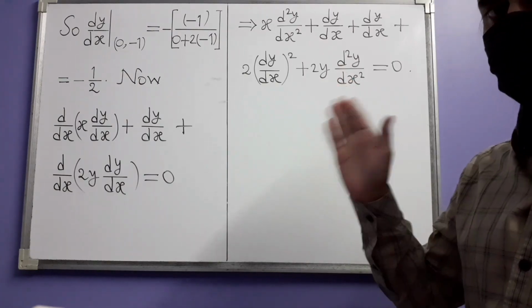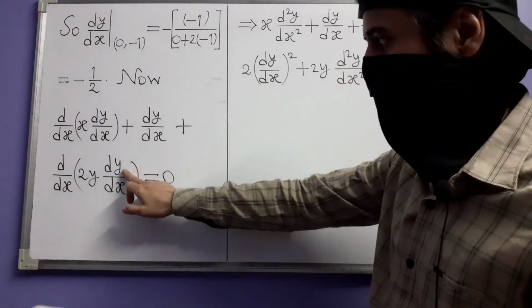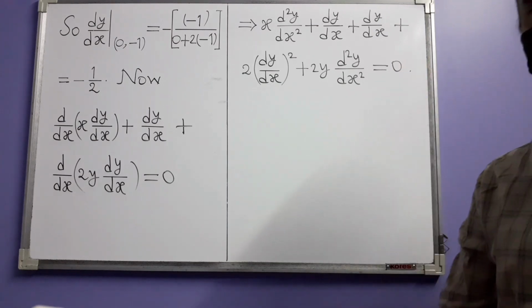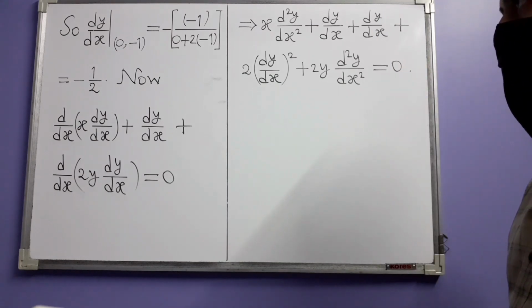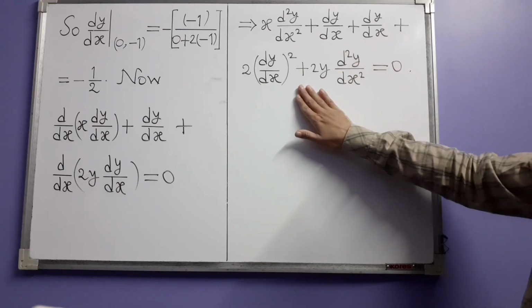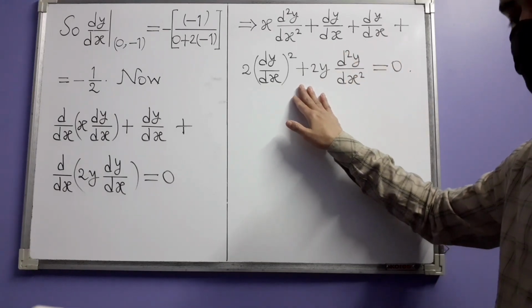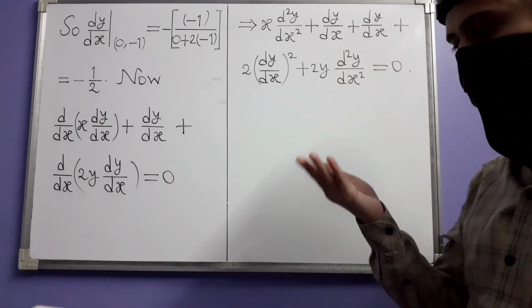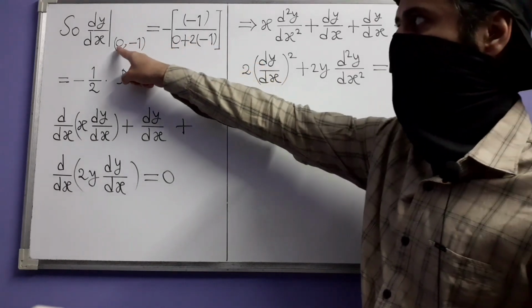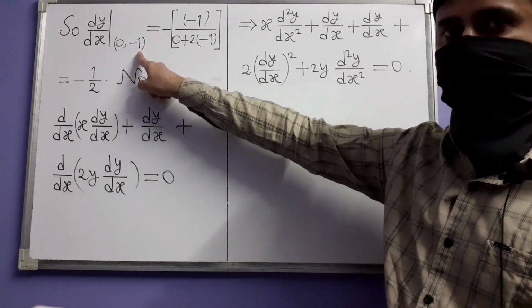If you this time keep y intact and differentiate dy/dx with respect to x, you get the second derivative, and that is equal to 0. So you can already see that we are not actually required to find an expression for the second derivative, but rather its value when x is 0 and y is -1.